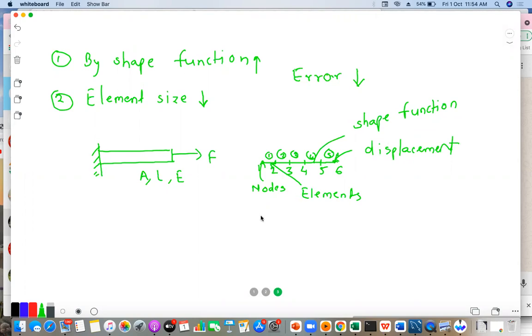Now we have seen the nodes, limits. Now let us go to the boundary conditions. What are the boundary conditions? The boundary conditions are like whatever we know, that is called as boundary condition for the given problem.